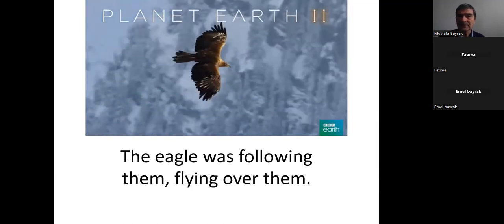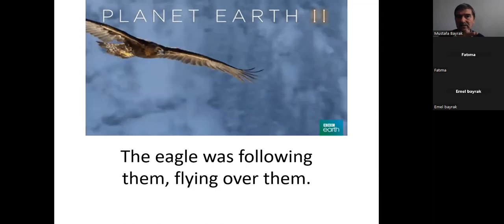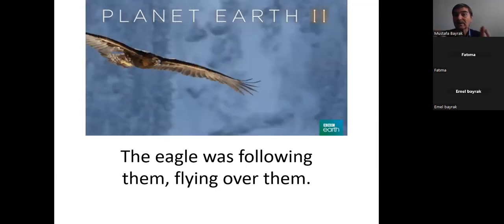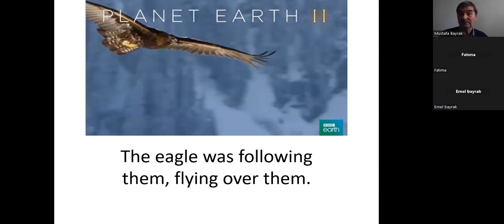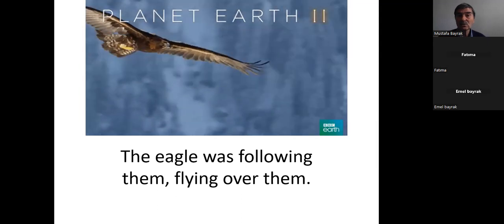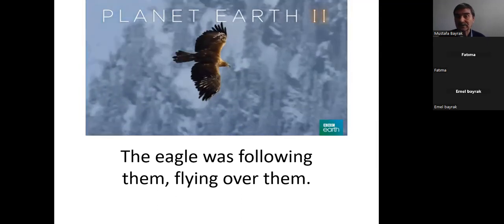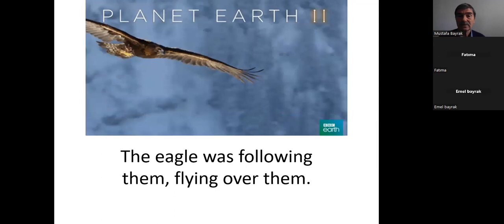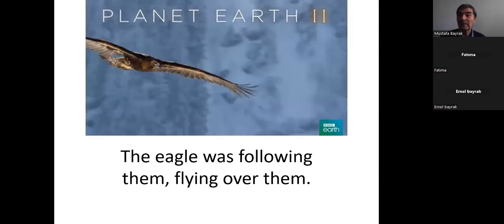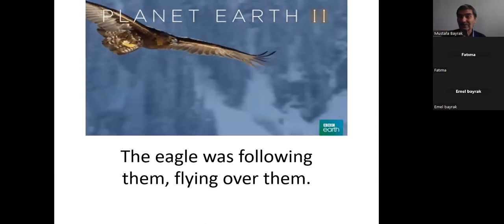The eagle was following them. For example, in a story, you can find that kind of sentence a lot, many sentences like this. The eagle was following them. How? Flying over them.